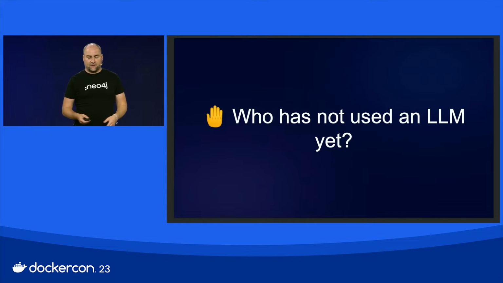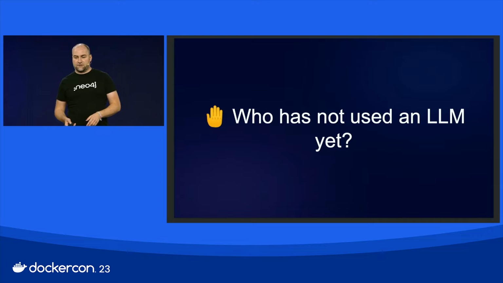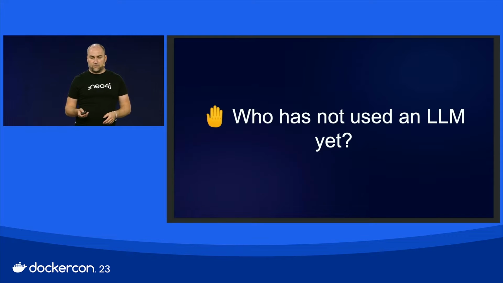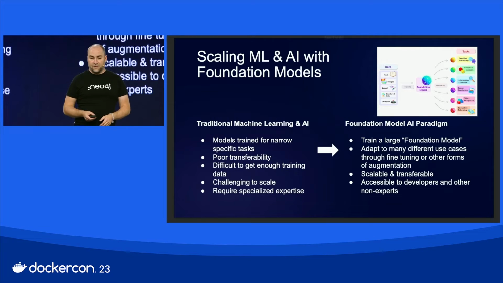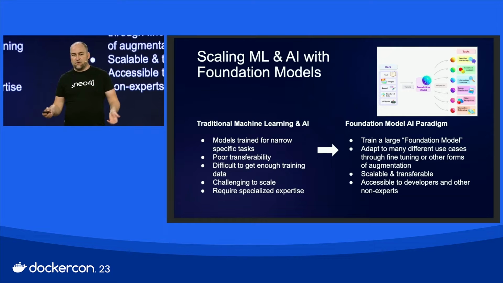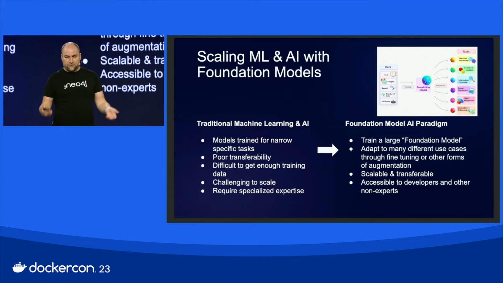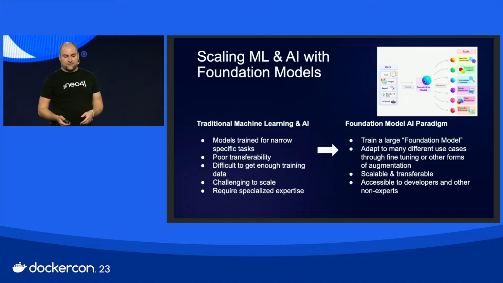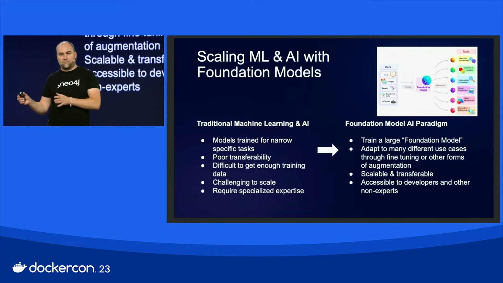So LLMs are a part of the new type of foundation models that have been trained on a large amount of data to basically predict information. Traditionally, machine learning models were in the realm of very smart data scientists who trained models for very specific purposes.